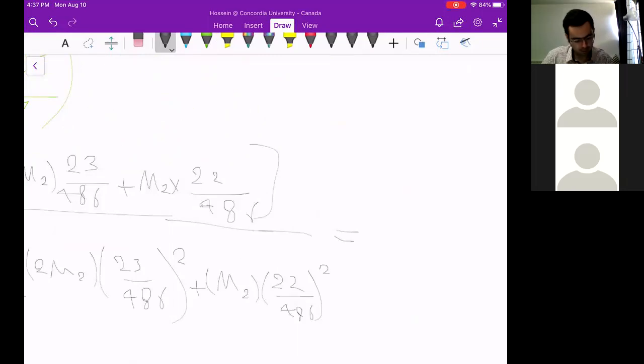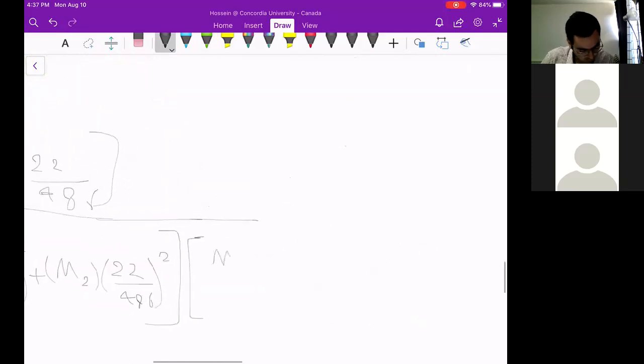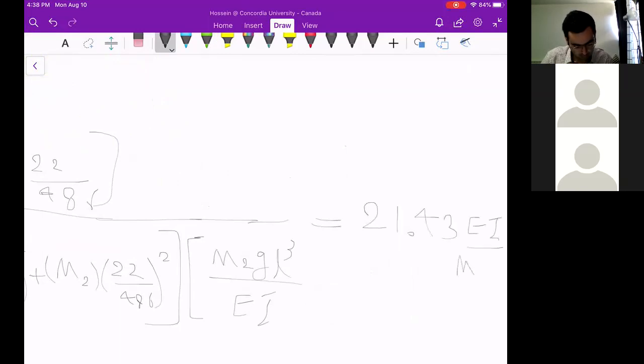So there is a factor out in the denominator, the term M2GL cube over EI. It's going to be 2143 EI over M2L cube.